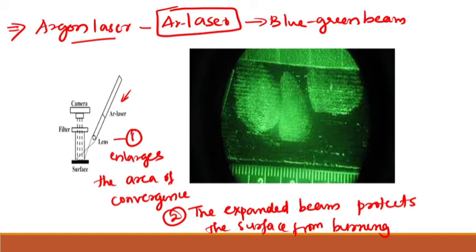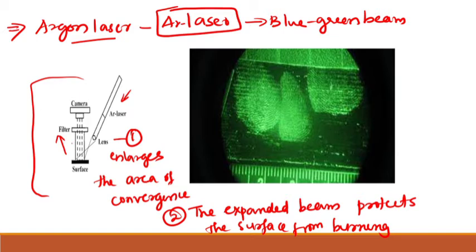So this is the basic flow diagram of argon laser detection of fingerprints. From the argon laser, a blue-green beam is emitted and passes through a lens, because it enlarges the area of convergence, which helps to get the whole impression of the fingerprint, and the expanded beam protects the surface from burning. The imprint is observed through a safety filter, and such filters absorb the short wavelength components and transmit the longer ones, thus protecting the observer's eye.